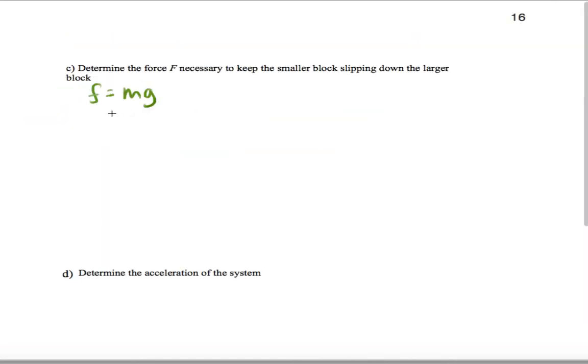And what I also know is that this is another equation: friction is going to be the static coefficient times the normal on little m due to big M. So maybe I can do a little something with this, since I know that the applied force minus the normal on little m due to big M makes little m accelerate.